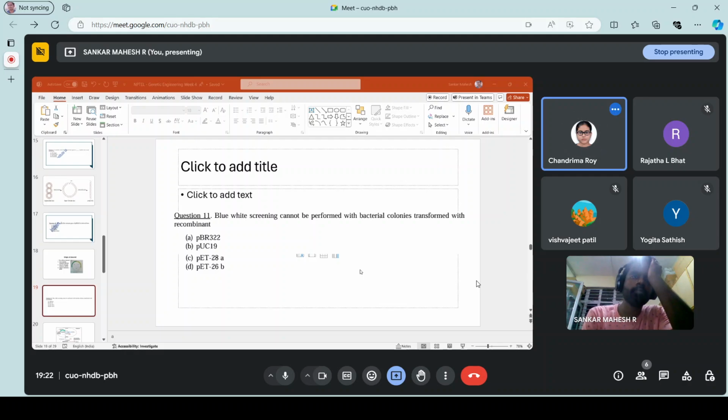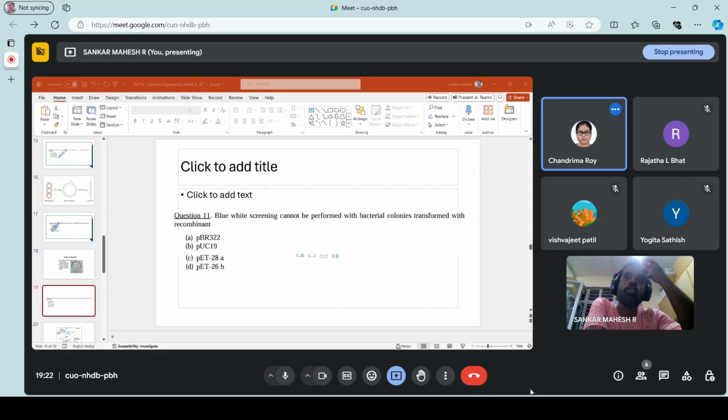When beta-galactosidase is in an active state, it converts X-gal to an indolyl derivative, which gives a bluish color. If we break the lacZ gene, the enzyme will not be produced, so if we give that substrate, there will be no color change. It is used to determine whether the recombinant DNA is present or not.